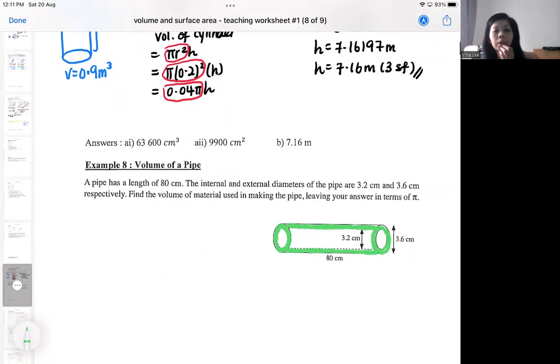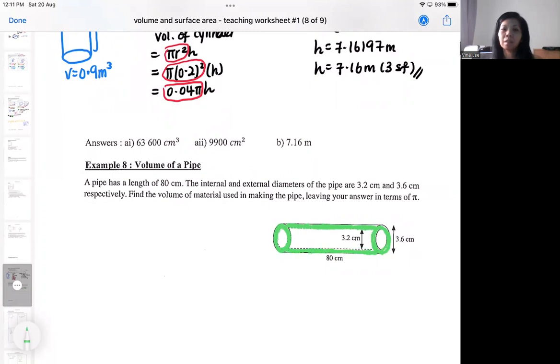So how are you supposed to visualize this? You're supposed to visualize it as a big cylinder. From the big cylinder, you drill and dig out another smaller cylinder. So the material to make this pipe is a big cylinder minus a small cylinder.